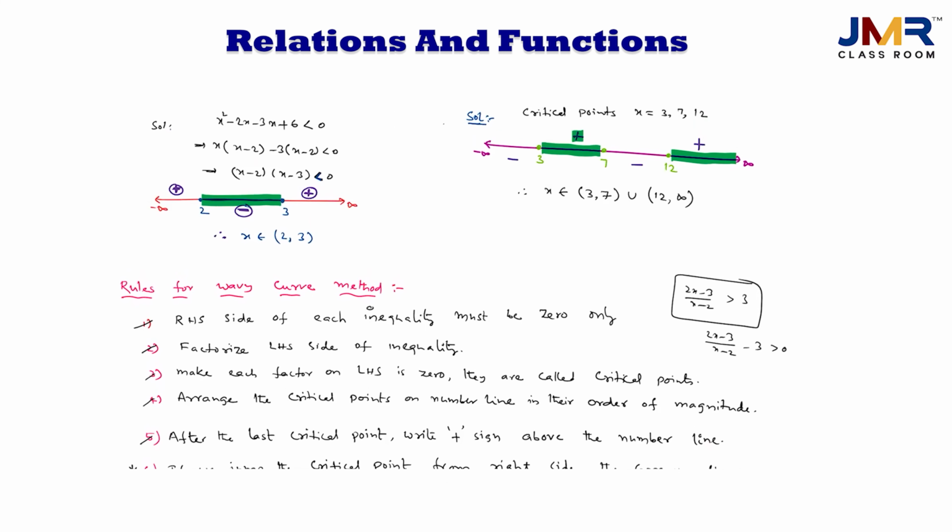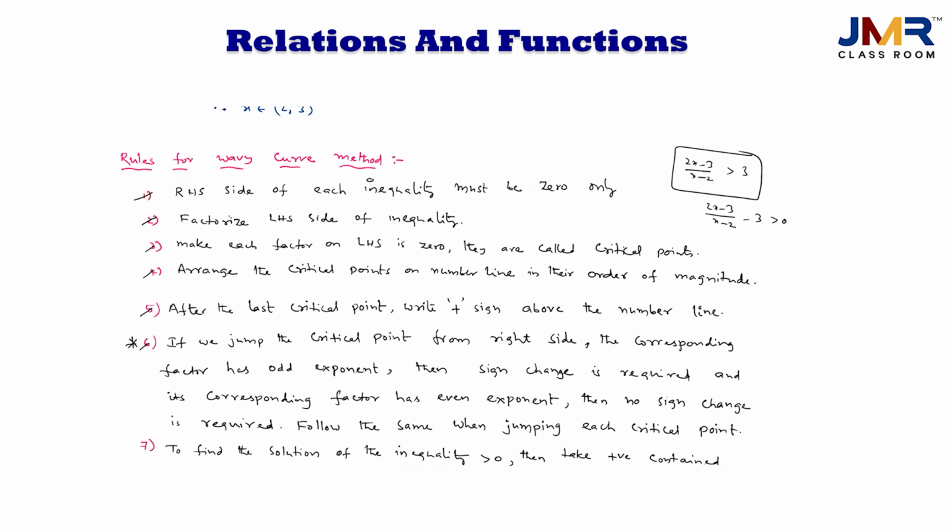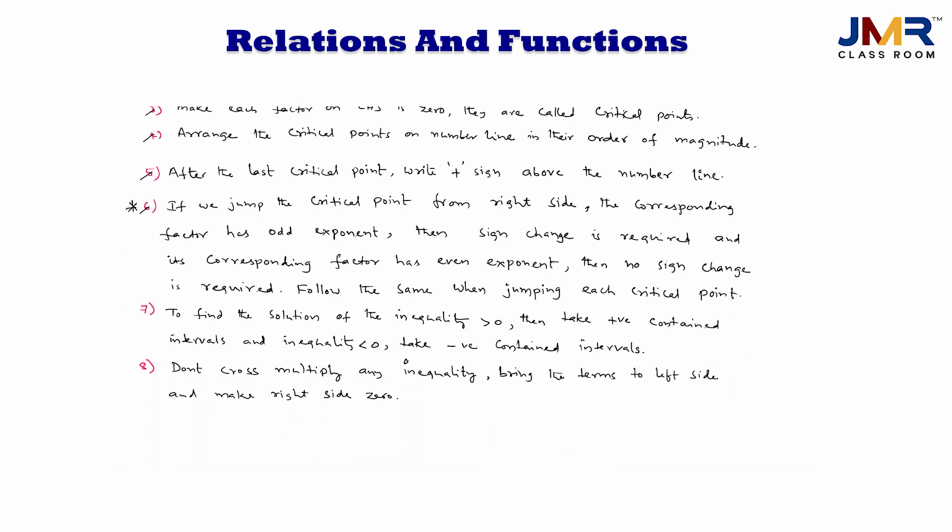Here in the two examples I have given, the factors on the LHS have odd exponents only. x minus 3 means x minus 3 to the power of 1, x minus 7 power 1, x minus 12 power 1. But sometimes even exponents are given, sometimes odd exponents are given.